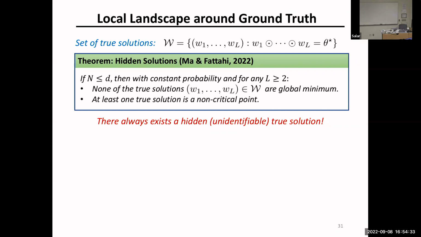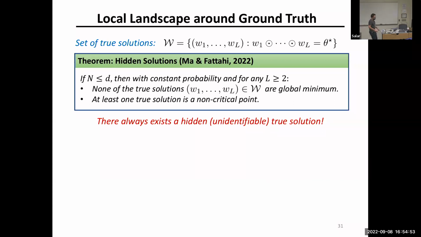So that shows the fundamental shortcoming of benign landscape, because benign landscape gives you a very holistic overview of the landscape. It is always governed by the worst case solution. Here, the worst case solution is very bad. It's not even a critical point, right?